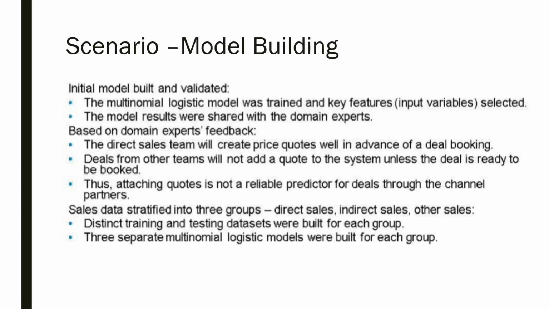They've asked that the direct sales team create price quotes well in advance of the deal booking, so this is why we've done some of these things. The sales data is stratified into 3 groups: direct sales, indirect sales, and other sales. All the data that we put in and get out of our model is going to give us more information.